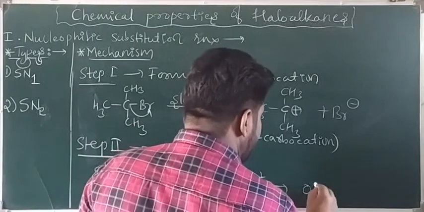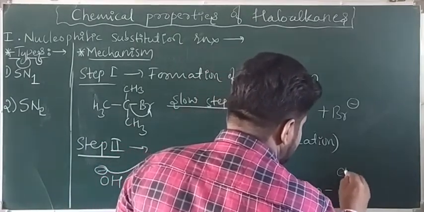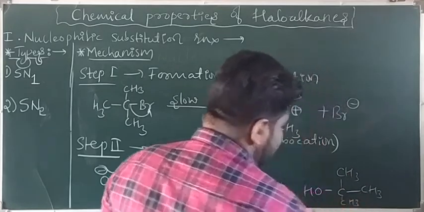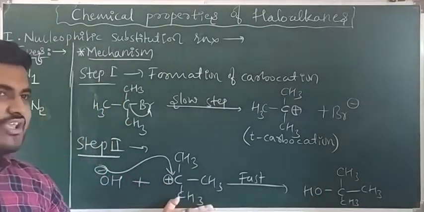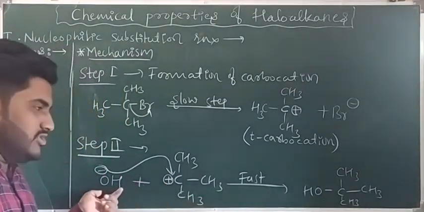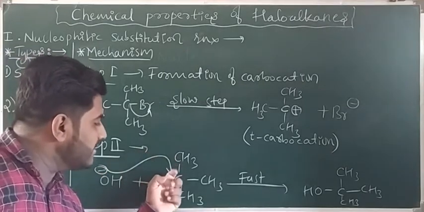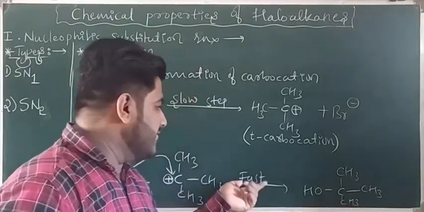The nucleophile added here is OH, and OH is bonded to this carbon with CH3, CH3, and CH3. This is tertiary butyl alcohol. This is the tertiary carbocation, this is OH, the nucleophile. When the negative part of the nucleophile attacks the carbocation, tertiary butyl alcohol is formed. So this is a very fast step.